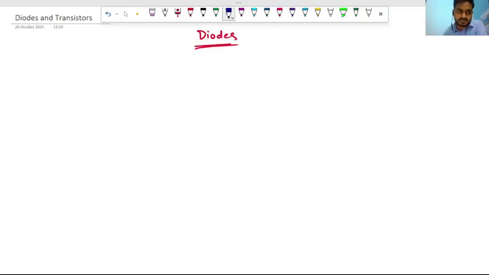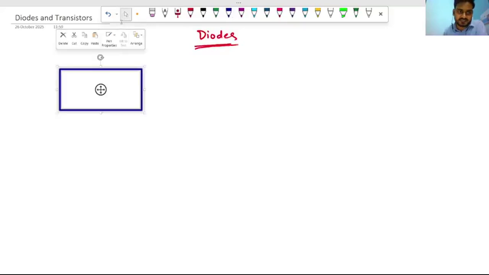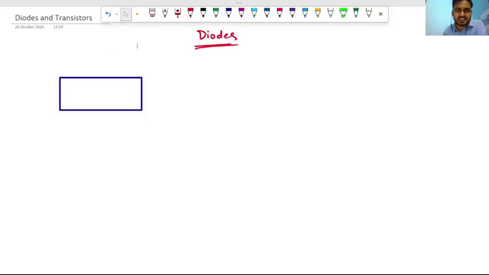What are diodes? Suppose this is a semiconductor, some silicon or germanium. Now, how do we make this diode? We dope it. Mentally, not physically, we will divide this into two segments.